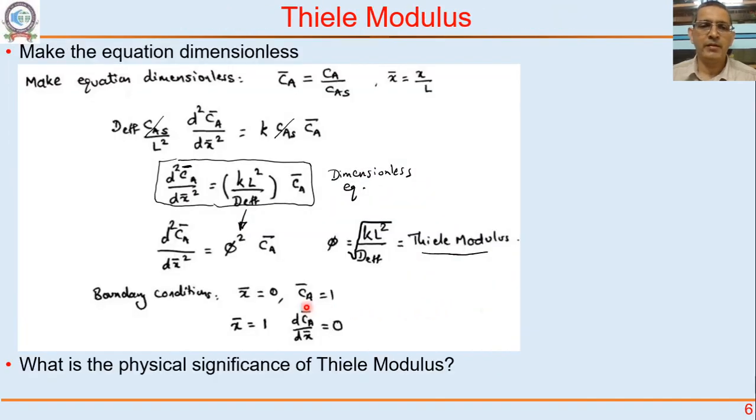So in terms of gradient, it will be dCA bar by dx bar equal to 0. Okay, you see this? Solve this equation with respect to these boundary conditions, and once you solve, you will get CA bar as a function of x bar, and from there we can get CA as a function of x.